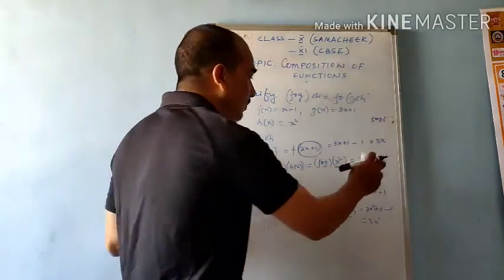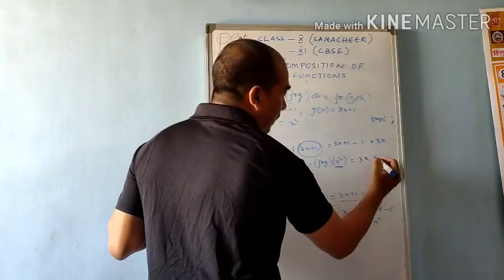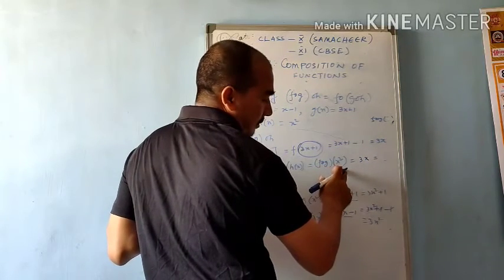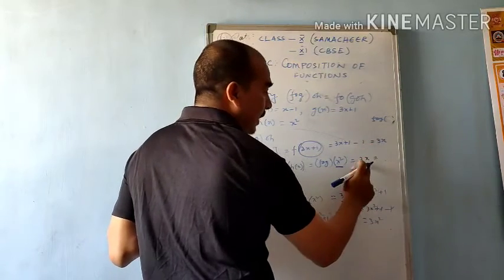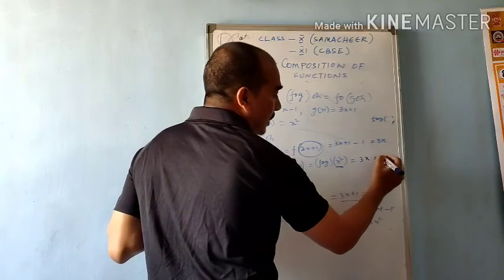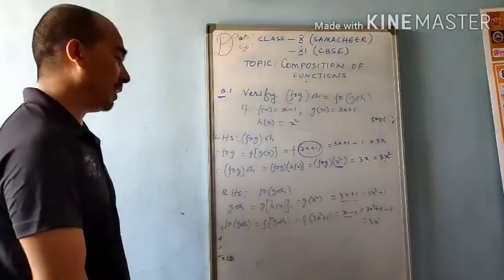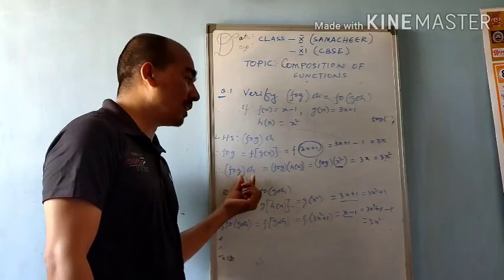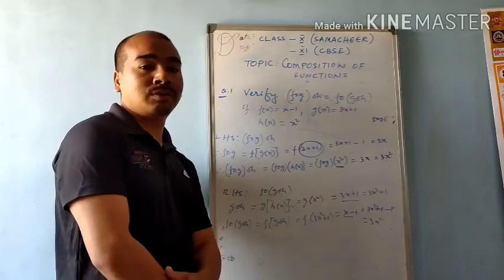What is the f o g formula? f o g formula is 3x. Now we got here f o g is 3x. Then what is the x value here now? x value is x square. So like this you can find it out. This part is easy, only this one has a little bit of confusion, children, so you have to be very careful with this part. I hope you understand the sum.